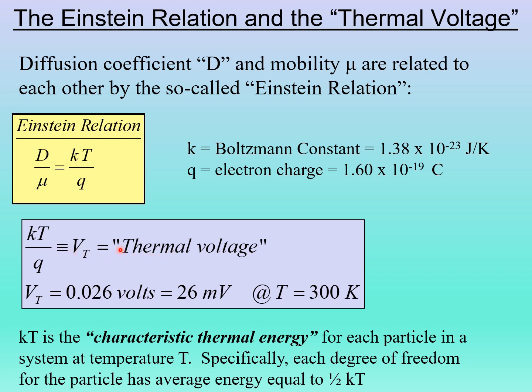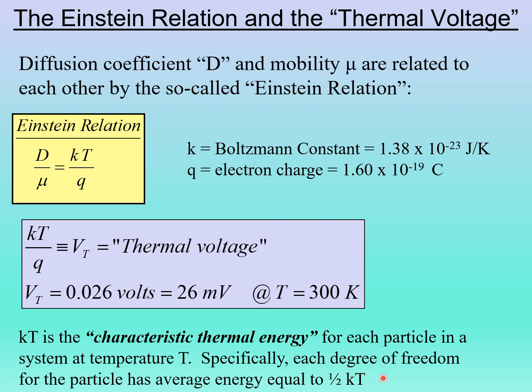All right, and the reason for this is that kT up on the top here is the characteristic thermal energy for each particle in a system at temperature T. And again, this comes from basic thermodynamics, which you may or may not have studied if you took Physics 203. Specifically, there's something called the equipartition of energy theorem, where each degree of freedom for a particle has an average energy equal to 1/2 kT.